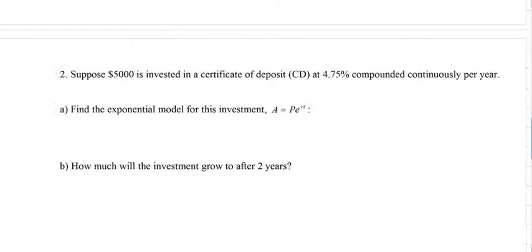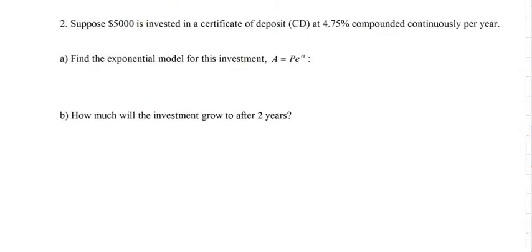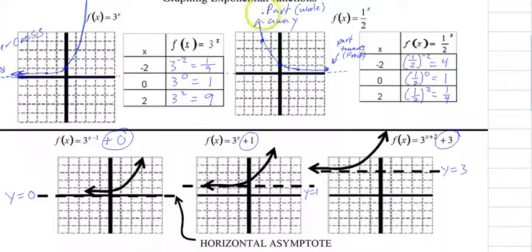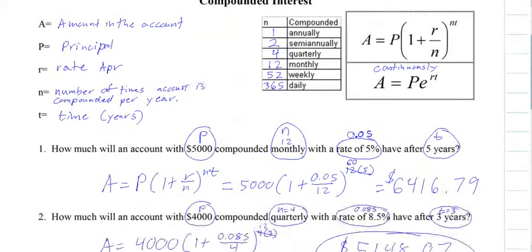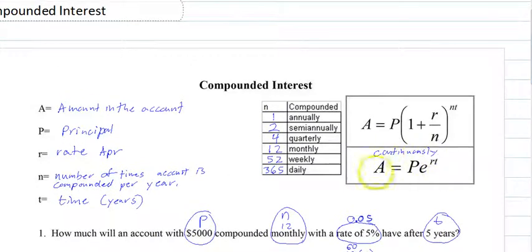So let's try it again now, but this time we're going to use a growth. If you go back and look at our exponential functions, remember we had decay, that's what we were doing right now. See how it's getting smaller and smaller? And then we also had growth. And what better thing to use for growth than money? So going back to our compounded interest, we had two formulas, and we're going to use the continuous formula.